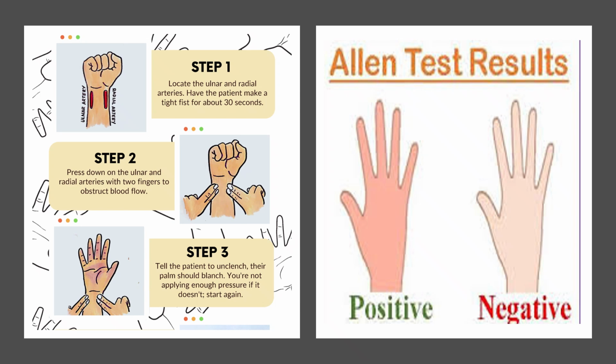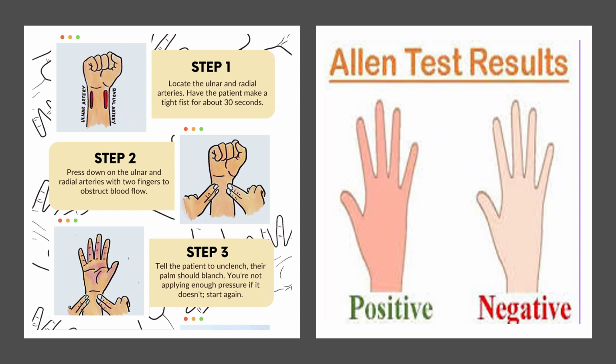And with this, you want to look for a positive test, and that is normal. And that is if the hand flushes pink within 5 to 15 seconds and is going to indicate that there is good collateral blood flow from the radial artery through the palmar arch. And a negative Allen's test is bad.